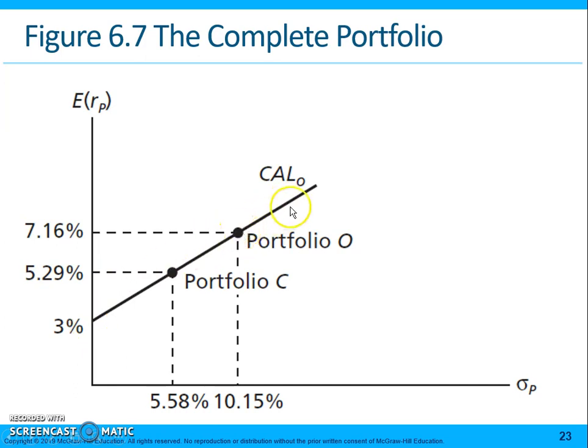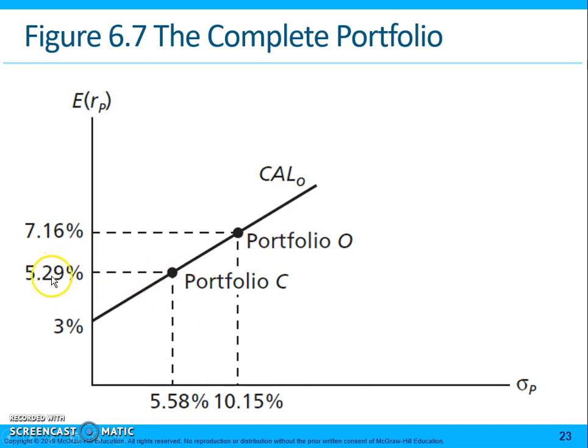Anything beyond the optimal portfolio would involve investing on margin, but in this case, portfolio C looks to be somewhere in the neighborhood of 50-50, probably not quite, with an expected return of 5.29% and a standard deviation of 5.58%.